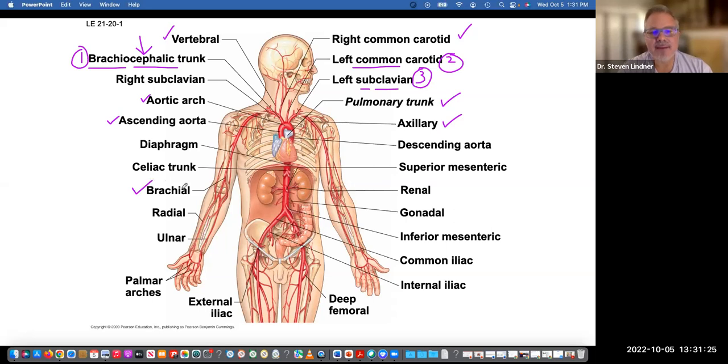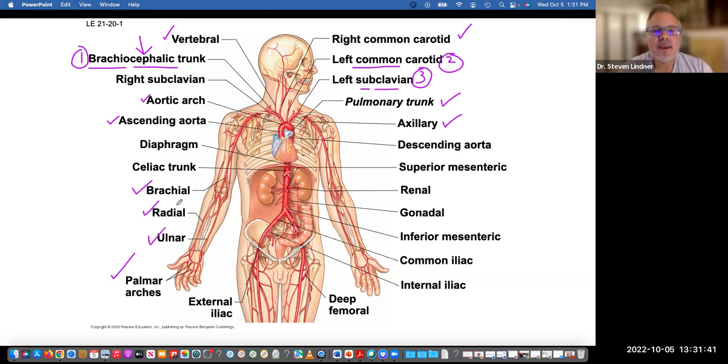And then that brachial artery will divide into a radial and ulnar. Easy enough, radial and ulnar arteries, it follows the radial and ulnar bone. And in the palm, we have palmar arches. There's a superficial and deep palmar arch.